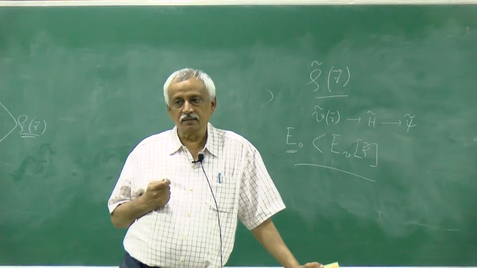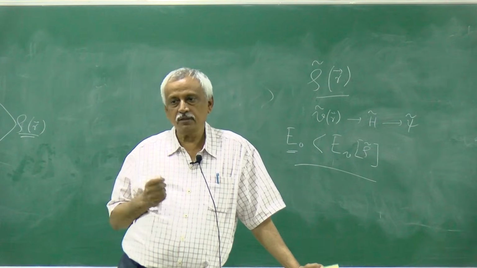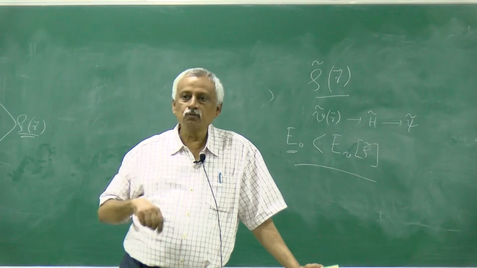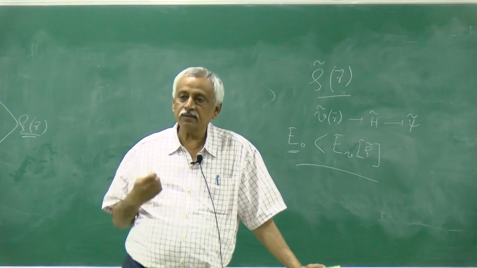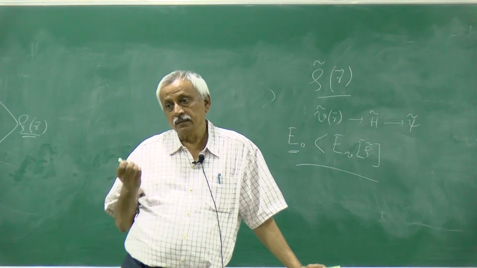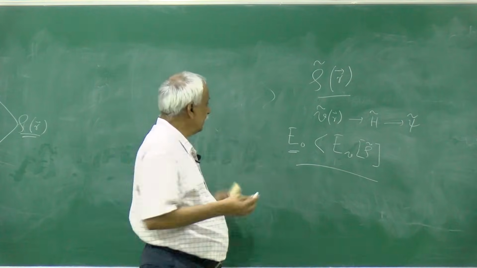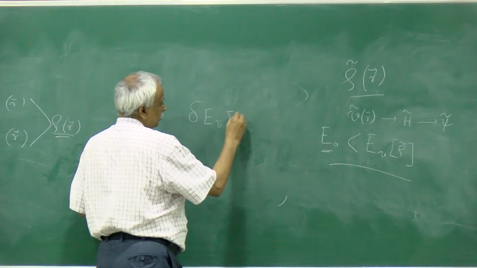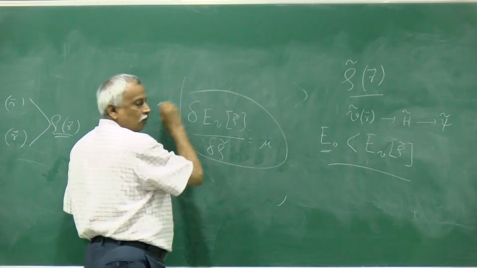If you want to minimize a functional, the standard variational procedure as we do in wave function based theories, we can do the same thing here. We construct the corresponding energy functional with the trial density and minimize it with the constraint that the density must be normalized. Then you get the standard Euler-Lagrange equation, del EV rho tilde by del rho tilde. You can solve this equation now.